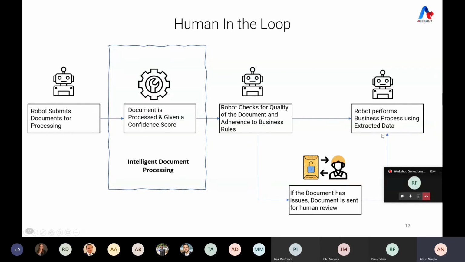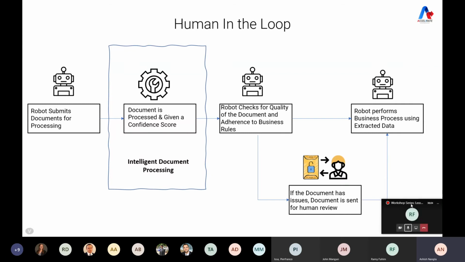So the first part is simply, if everything is fine, you would see straight through processing from bot to IDP to bot to bot. Or if there is a need, then you would see a bot to a human and then back to the bot. So there'll be an exchange there. So these are typically how IDP solutions are designed, or IDP business processes are automated, that are document heavy or document centric.